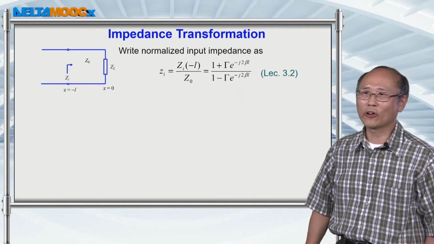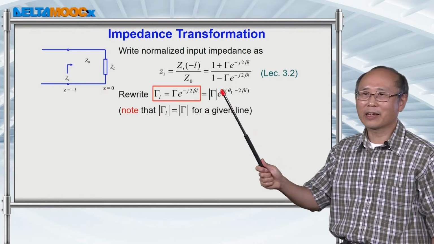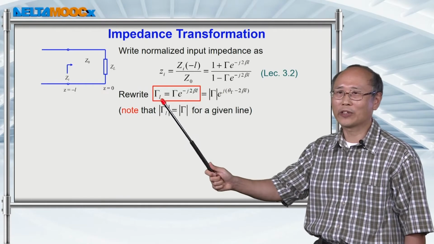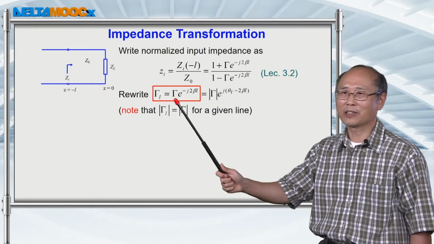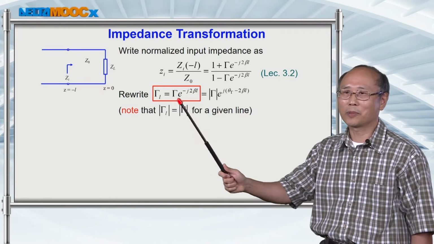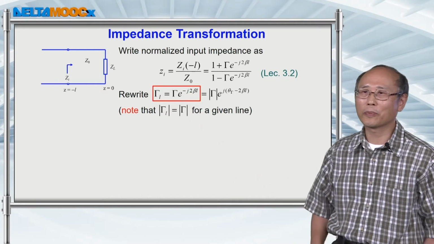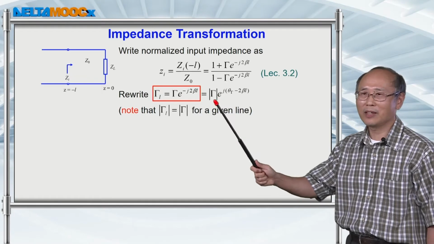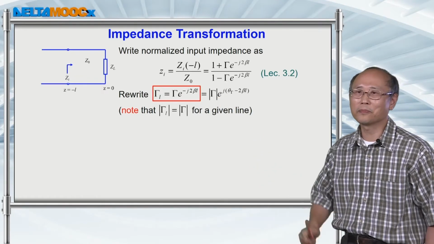So you can organize the formula into this form and then define the reflection coefficient at L equal to this value. Basically, it's gamma multiplied with exponential minus j beta L. Or you can take the magnitude of it and then multiply with this term.